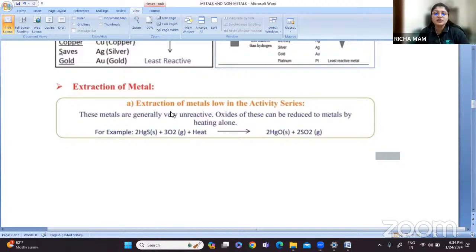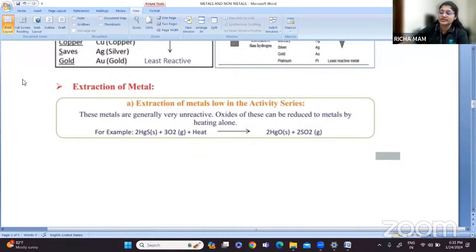So when we are extracting metals which have low reactivity, these metals are highly unreactive, and we take their oxides and convert them into metals.